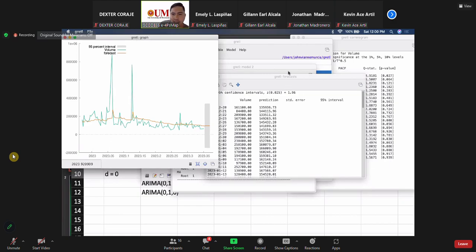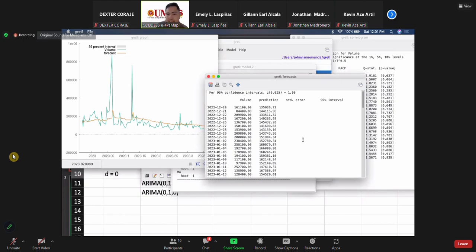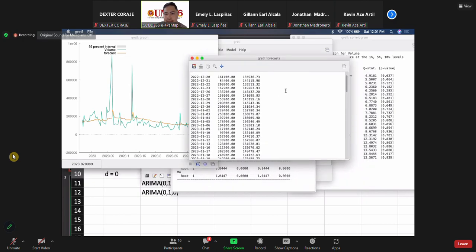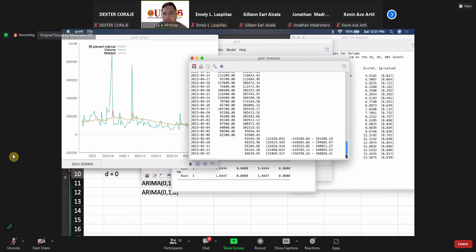Now, it's giving us these particular forecast values below. So here is the forecast: 92,548, 95,539, 95,000. These are the stabilized values of your series because we did the differencing already.